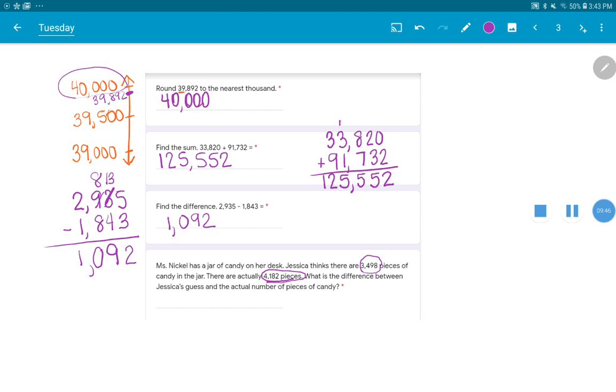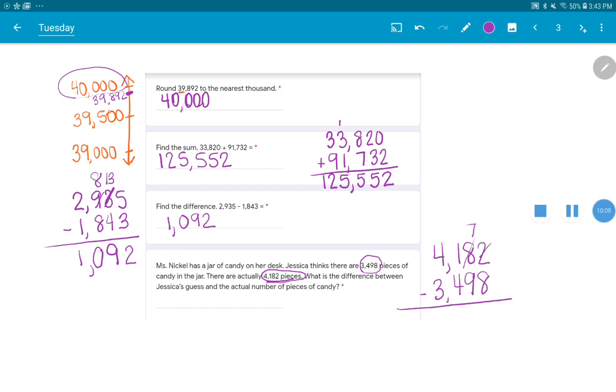So I'm going to set this up as a subtraction problem. 4,182 minus 3,498. If I have 2, I can't take 8 away, so I'm going to have to borrow.